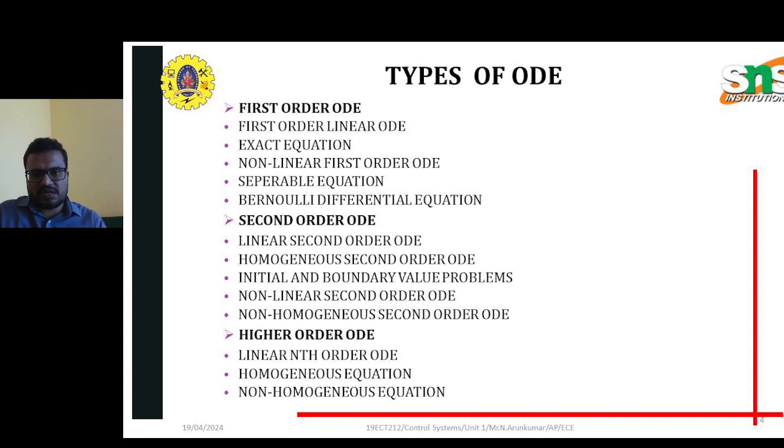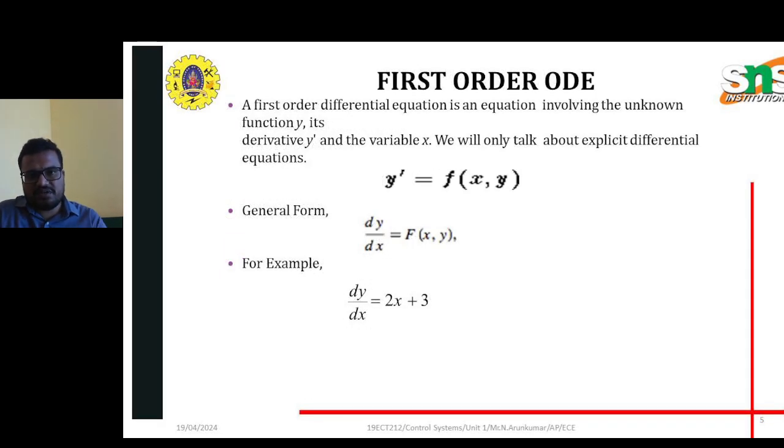Suppose your control system has higher order, it must be satisfied with linear nth order ODE, because you have more orders, so we can choose nth order ODE, homogeneous equations, non-homogeneous equations. First order ODE: the general form is dy by dx equal to f of x comma y. For example, in control systems, dy by dx equal to 2x plus 3.